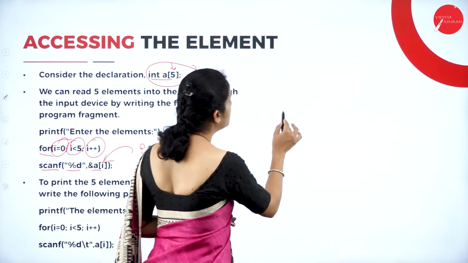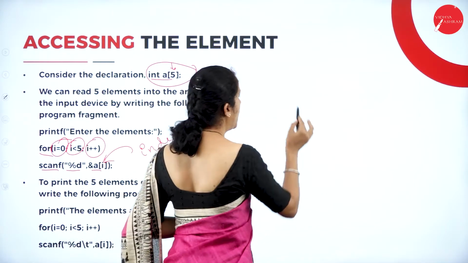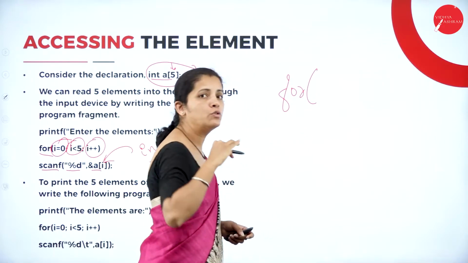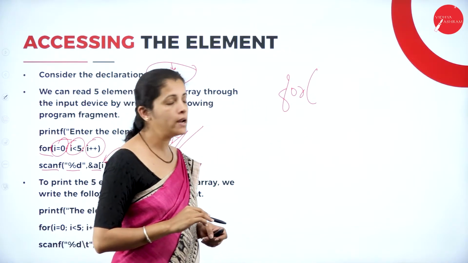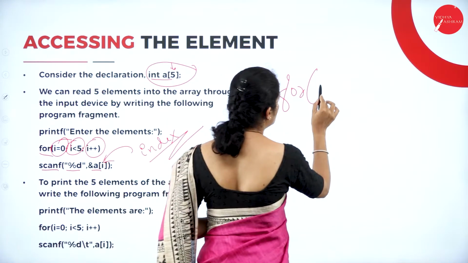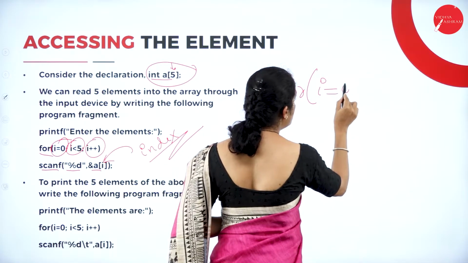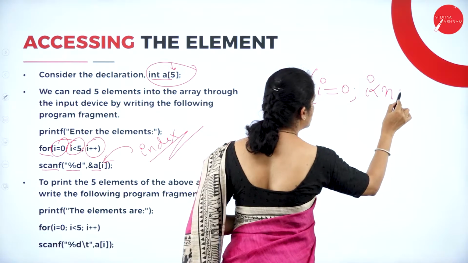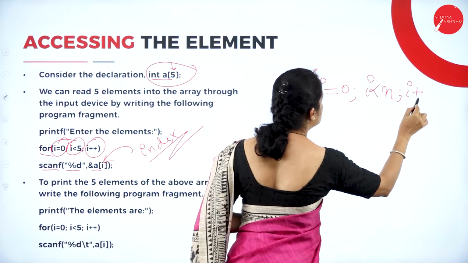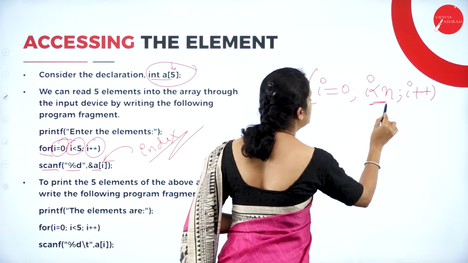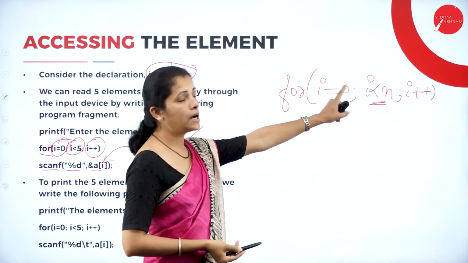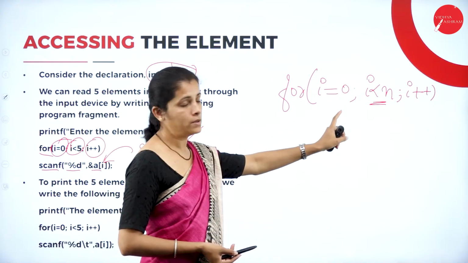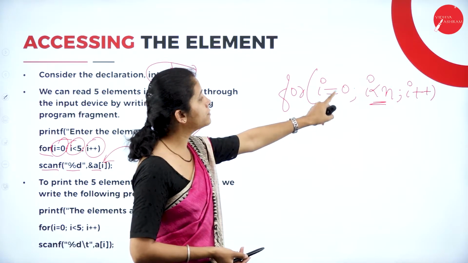Now suppose if I want to print the value, how? I'm going to use the for loop once again, because I want to read all the elements one after another. So I equal to 0, semicolon, I less than n, semicolon, I plus plus. So dear student, please note down this condition, because I'm going to use I less than, because I is going to start from 0.